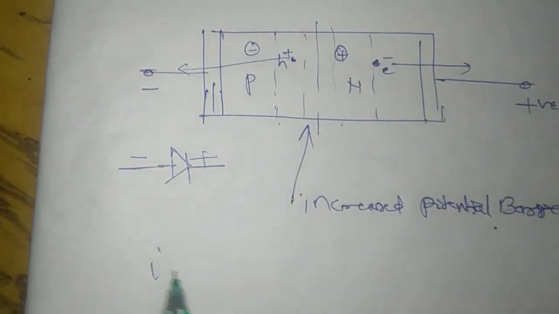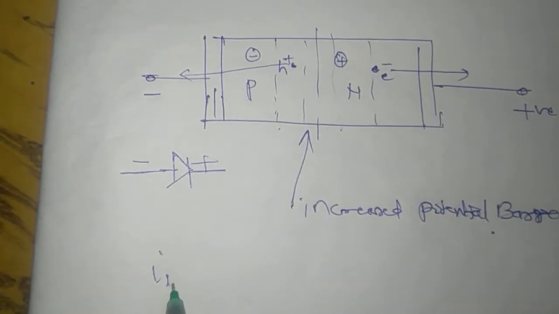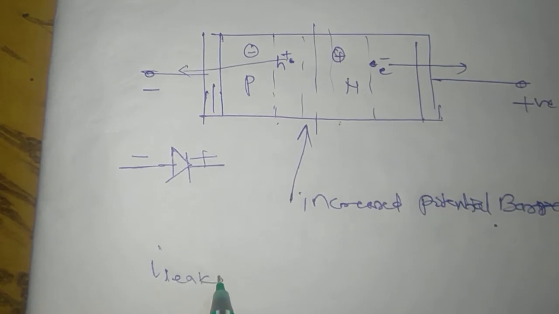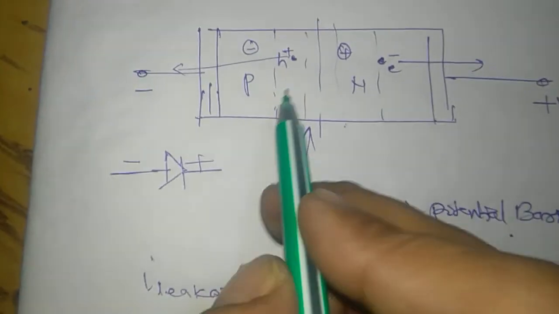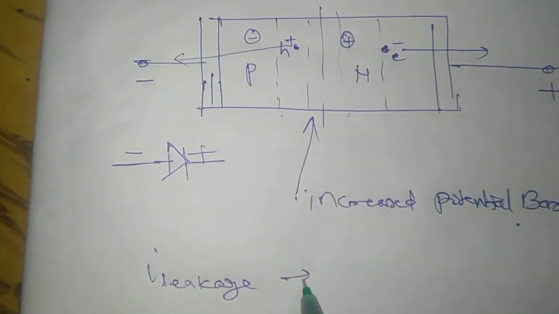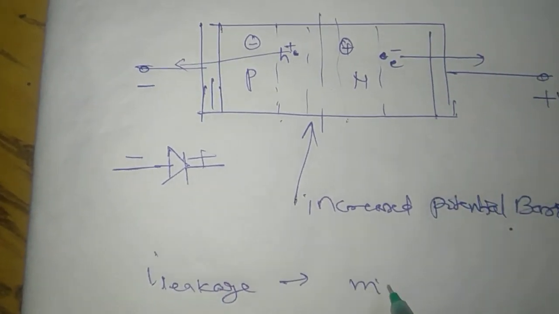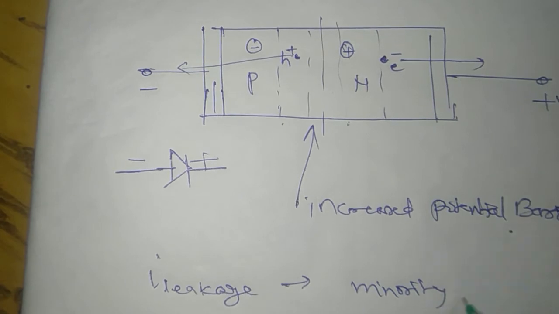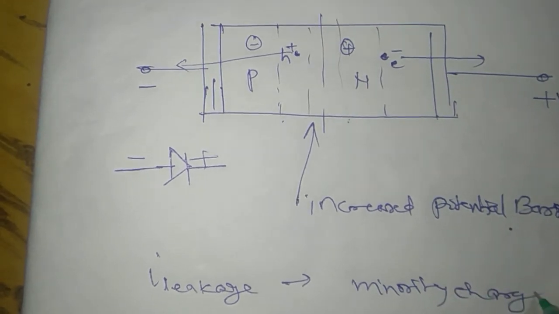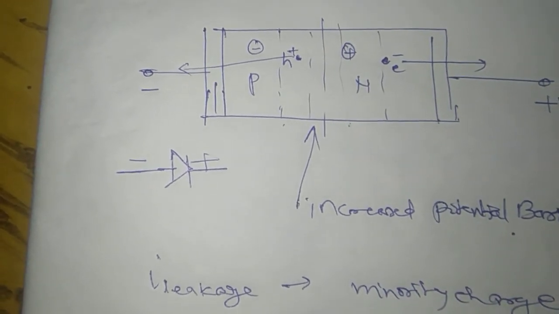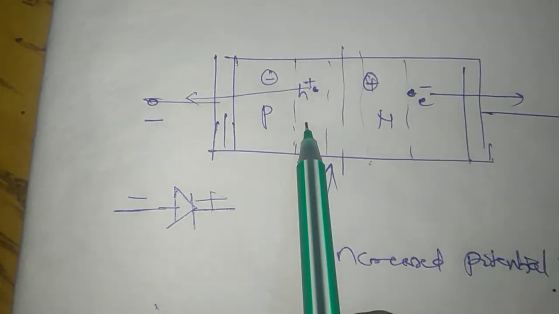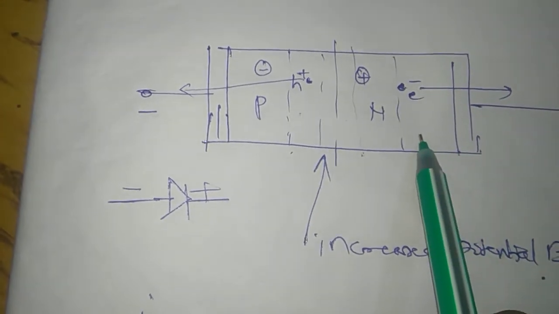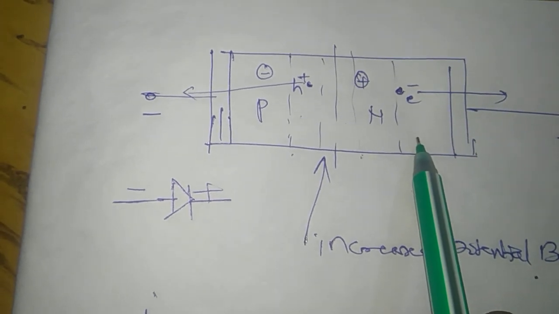However, there is a leakage current which will flow due to minority charge carriers. Minority charge carriers are electrons in the P region and holes in the N region.